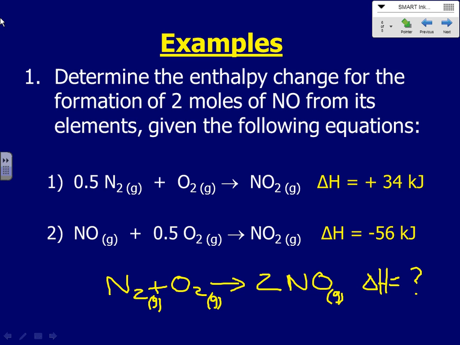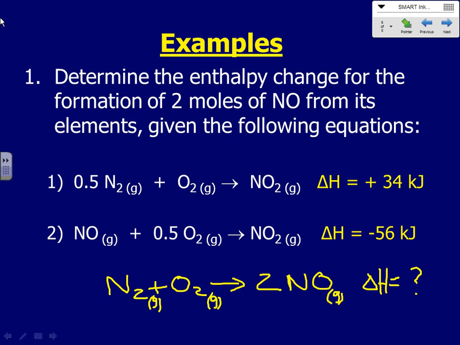But in the end, I have to have it as a product. So what that tells me is, in order for me to add these up such that I get NO as a product, I must flip this reaction over at some point in time. Because when I start to add things up, I need NO as a product.